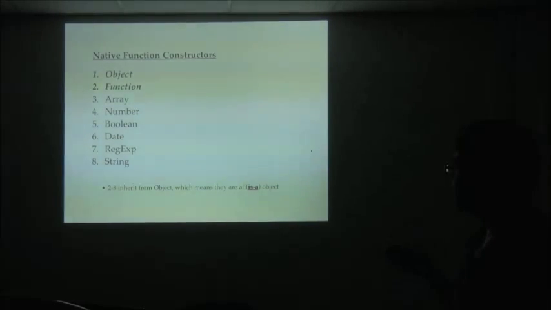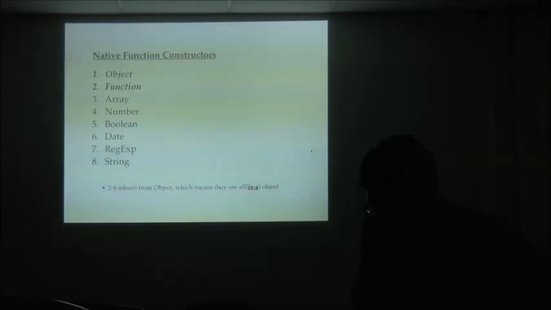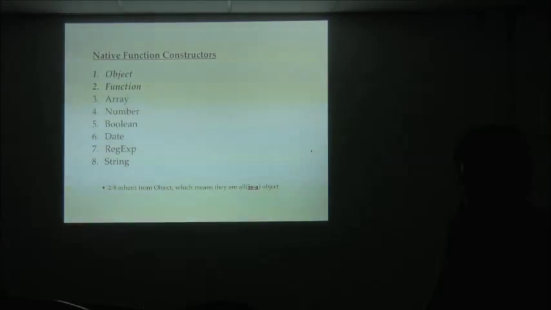So, native function constructors. Okay, so this is a list of all the different native function constructors we have, using which you can instantiate new instances. For example, we looked at Object, we looked at Function. JavaScript makes use of Function internally to convert our code into objects, and the Object function itself we can use to instantiate blank objects.